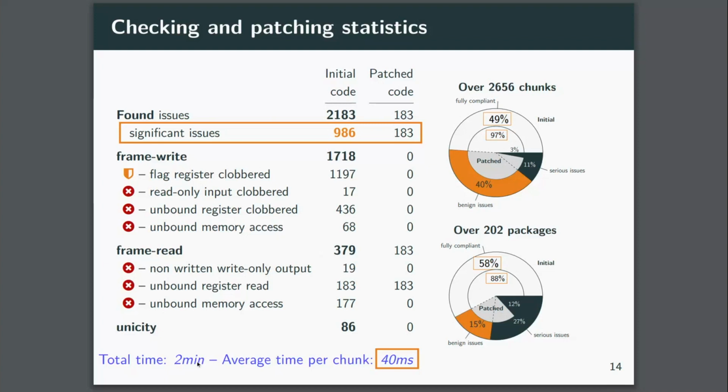On average, in our new benchmark setup, it takes 2 minutes to analyze all the 3,000 assembly chunks, with an average time of 40 milliseconds per chunk. And at the chunk level, we can see that almost all of the chunks are patched.